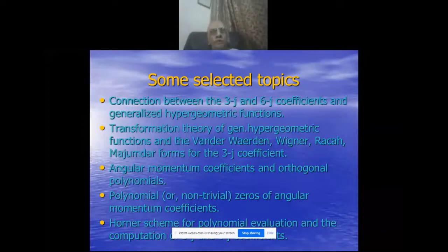The Horner scheme for polynomial evaluation does something which eliminates the powers of n in a very simple manner. I'll give you the example of a polynomial of a finite degree, let us say 4 or 5. What Horner scheme tells you is take 1 plus x, bracket it, multiply it by x, add 1, bracket it, multiply it by x, add 1, bracket it, multiply by x, add 1, until you have x occurring n times in that folded scheme.